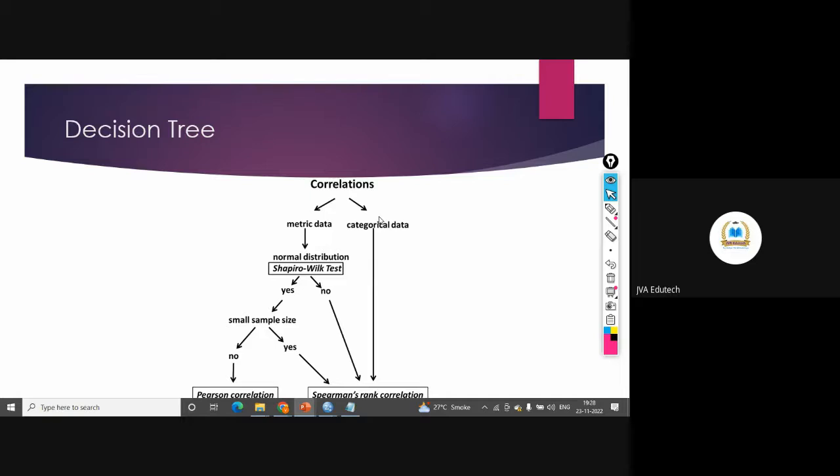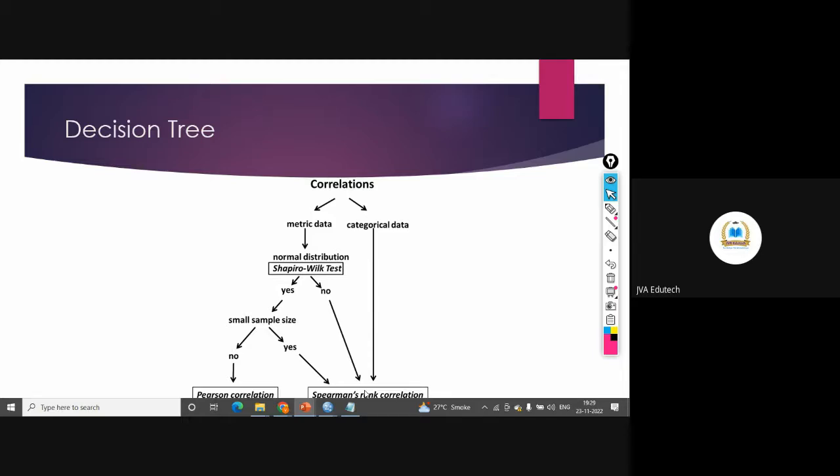If out of these two, one is categorical and one is metric, then you have to move directly to the non-parametric correlation, which is Spearman correlation. If both are metric, then test their normality. If there is no normality, if they are skewed, then Spearman. If they are normally distributed, then move on to check whether it's a small or big sample size.